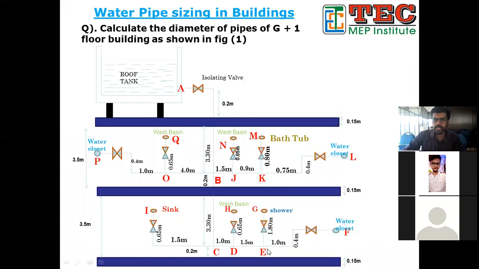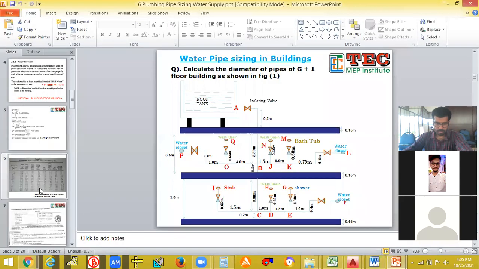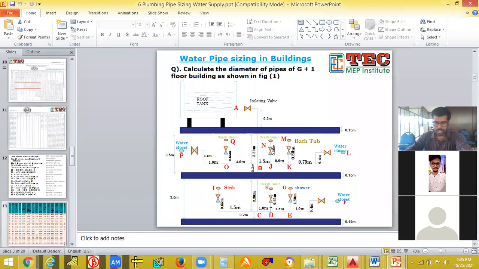In this EG, this E is a common point for EF also. Correct? DE and EG and EF have a common point. So for EG and EF, the common point is E. Okay. So don't forget that. So EG height is 1.8 meter. Okay. That also you just keep in mind.